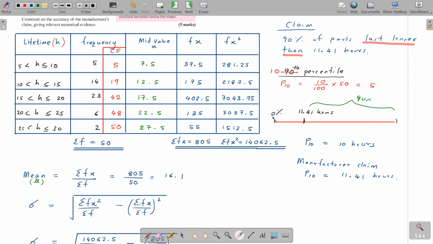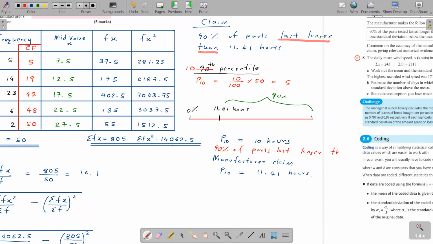So if the 10th percentile is 10 hours, in other words, 90% of the parts will last longer than 10 hours. But the manufacturer claims 90% of the parts are lasting longer than 11.41. Can you all understand? Is his claim correct? No. So the manufacturer's claim is false.